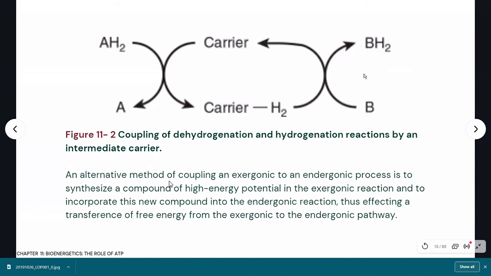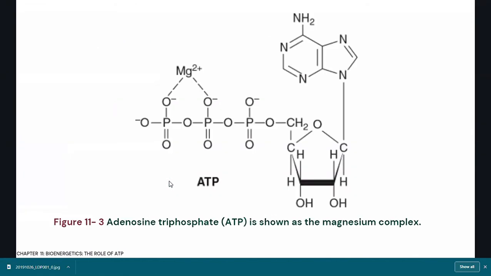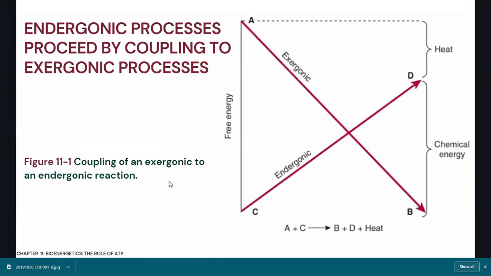All right. And if you remember, let's go back again. We said every exergonic reaction that occurs, the energy is captured, no? Captured to be utilized for endergonic reactions to occur. Okay.